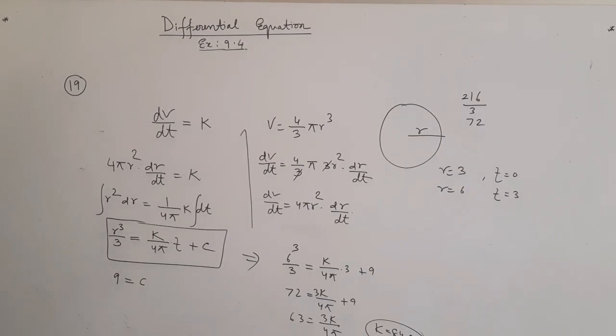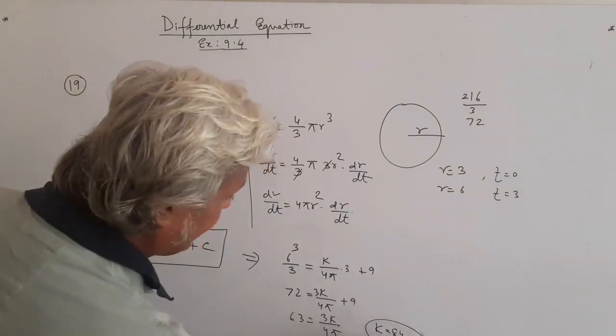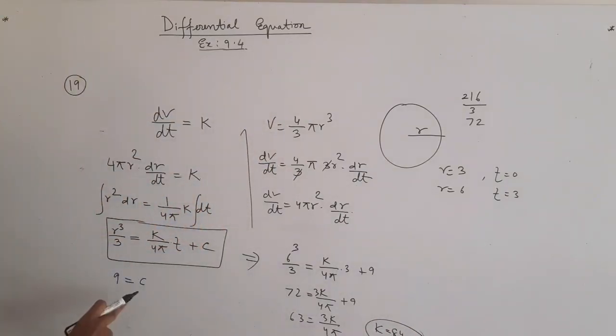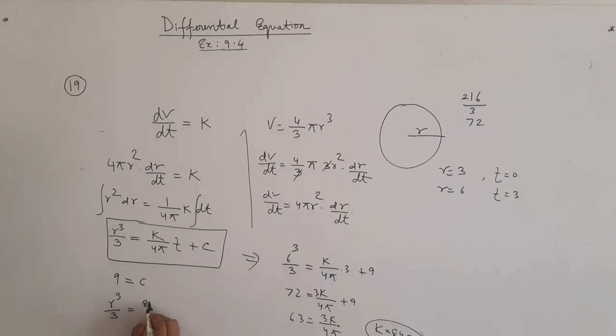We have to find the radius of the balloon after t seconds. We have the value of k as 84 pi and the value of c as 9. So if I put these values in my final equation, then r cube over 3 is 84 pi over 4 pi into t plus 9.